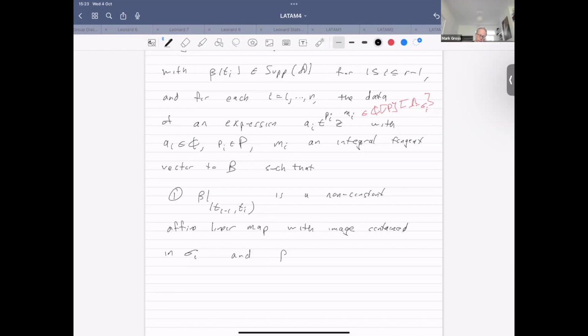Furthermore, the derivative of β is constant, since it's affine linear, and equals −m_i for t in the interval from t_{i−1} to t_i. On each of these intervals it's just going in a straight line, and the velocity is determined, up to this minus sign, by the exponent attached to the interval.